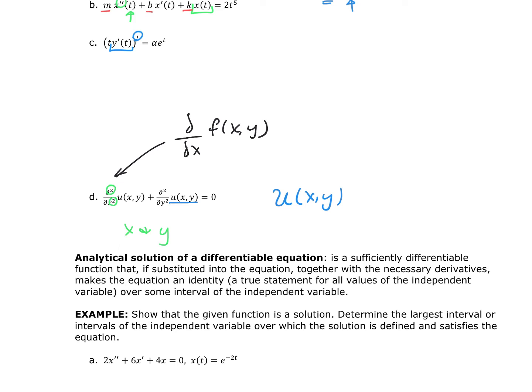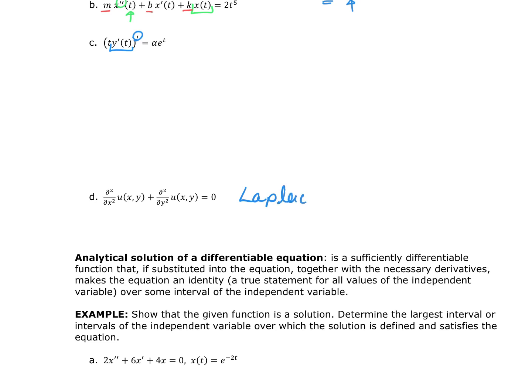By the way, this is not an ordinary differential equation because it has partial derivatives. This particular equation is called the Laplace equation, L-A-P-L-A-C-E, Laplace's equation. So we're not going to spend much time on that, if at all.